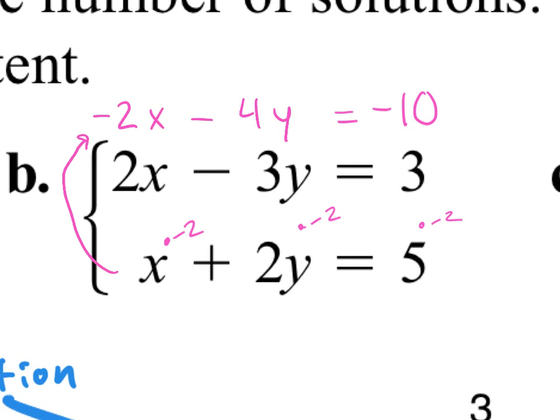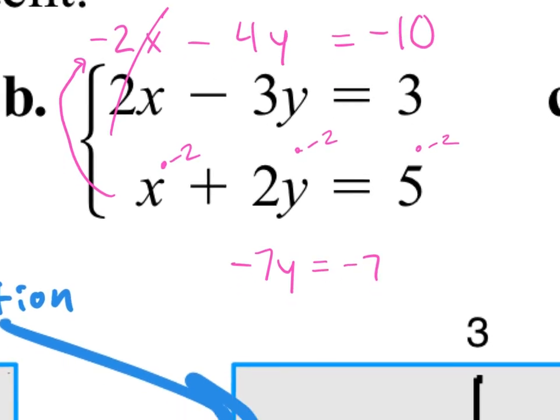Now we see our x's are going to cancel, so we can go ahead and combine everything. X's cancel. What's negative 4y minus 3y? Negative 7y. And then what's negative 10 plus 3?